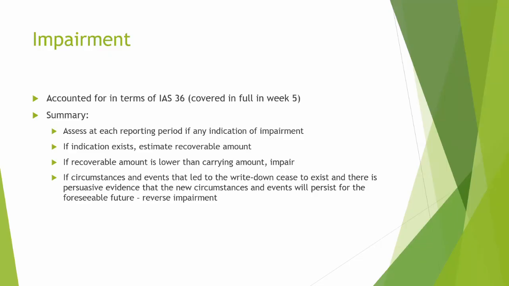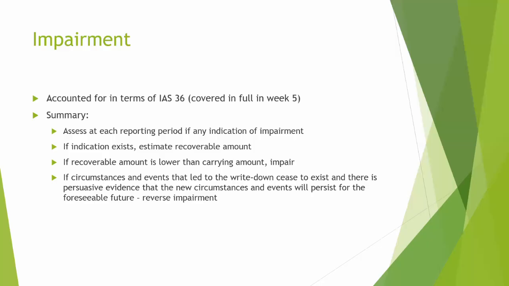The next part of subsequent measurement that we need to consider is our impairments. Whilst we're going to be giving a brief summary of impairments, because of the fact that you have covered some indications of impairments in second year, there will be a full portion of impairment covered in week 5 as well.